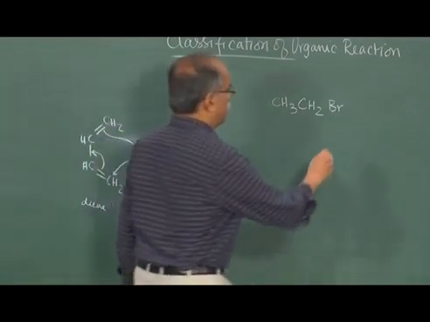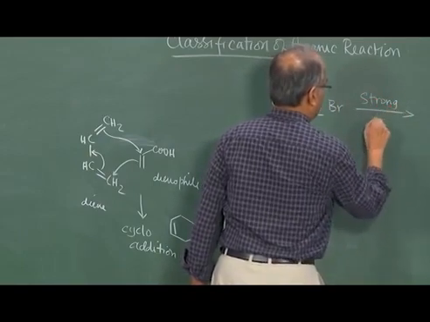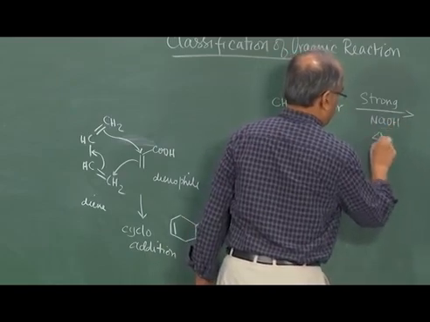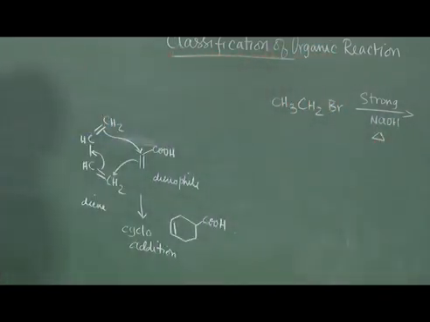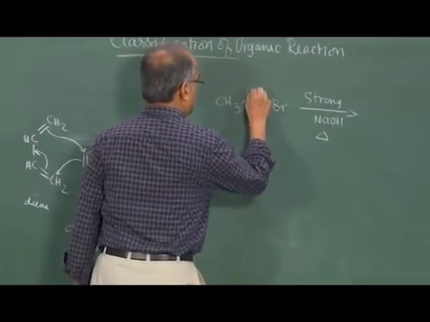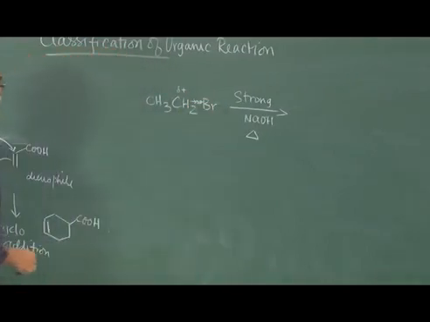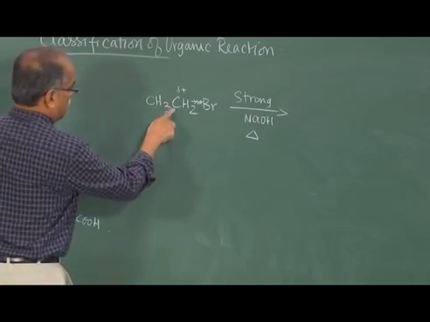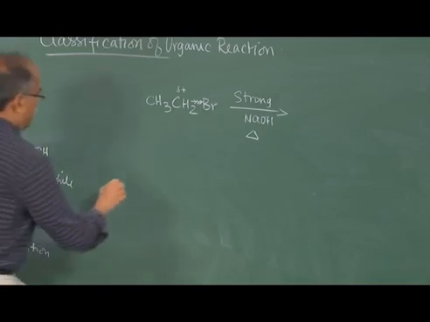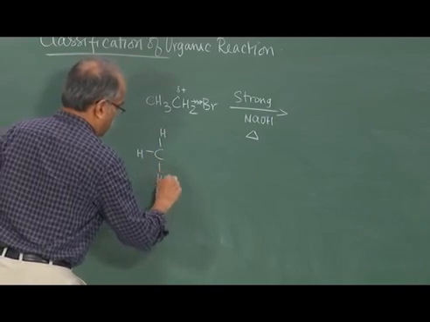Here, if it is treated with strong alkali, under heating condition, the delta essentially means heat. What happens is, this already has a delta plus because of the inductive effect of the bromine. So, that makes this hydrogen acidic, makes the adjacent hydrogen also acidic, and as a result of that, an elimination reaction can happen under these conditions.